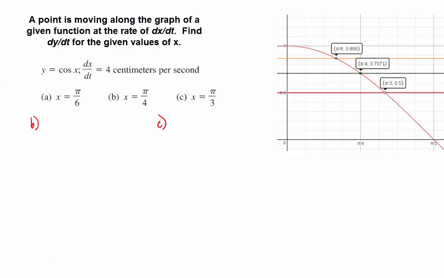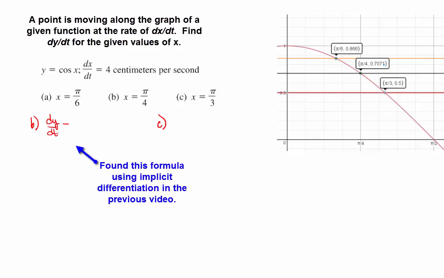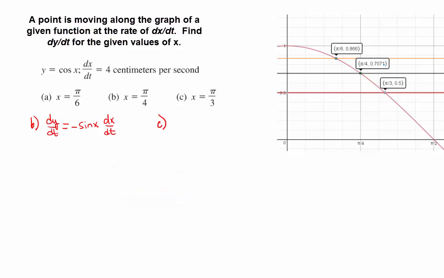We are still using the formula dy dt equals negative sine x dx dt. For part B, we're looking for dy dt, and I'm making a point of writing these variables out because when the problems get more complicated and you have to come up with your own formulas, it's a good idea to write out which variables you're looking for and what you have.